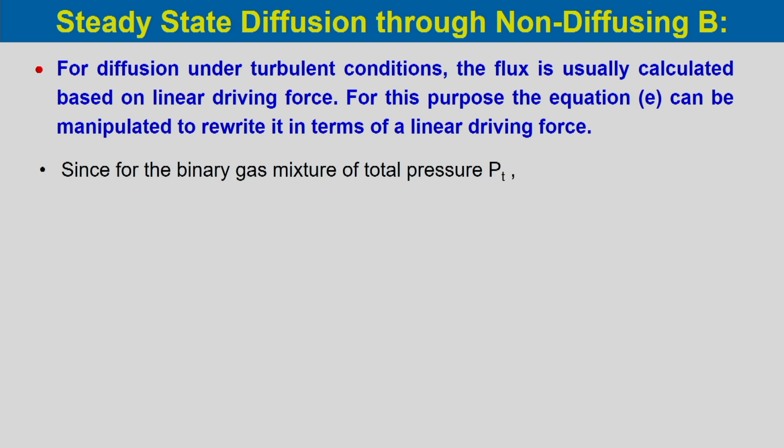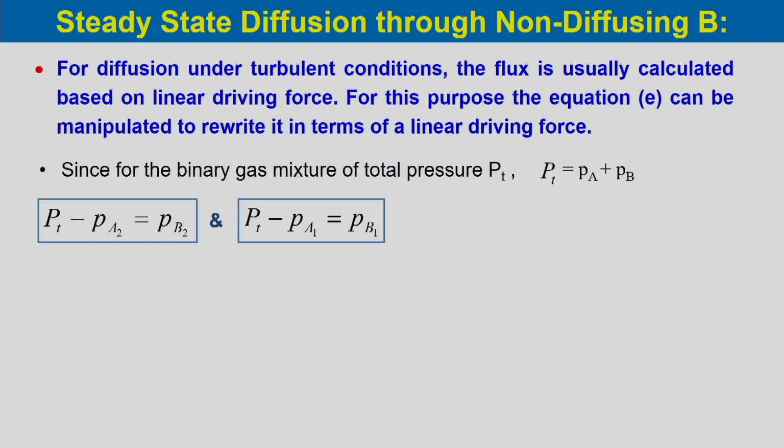Since for a binary gas mixture of total pressure Pt, we can write Pt is equal to PA plus PB. PA and PB are the partial pressures of component A and component B. So that we can write Pt minus PA2 would be equal to PB2 and Pt minus PA1 would be equal to PB1.